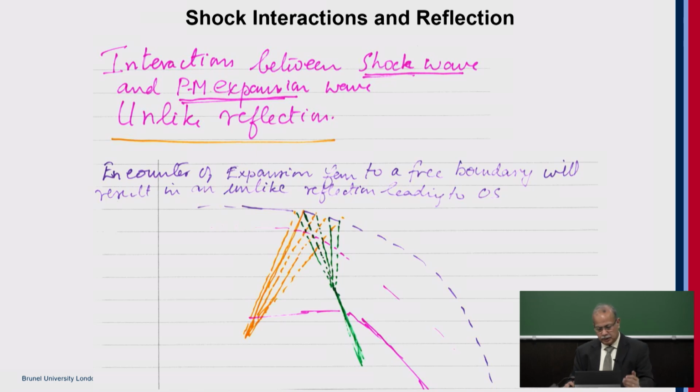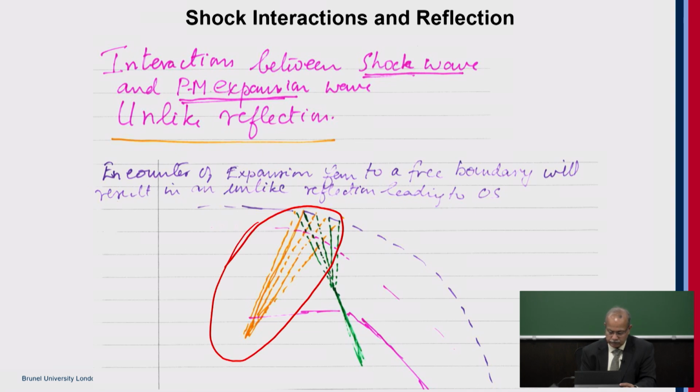Now similarly, what you see here is an expansion fan, a Prandtl-Meyer expansion fan of waves. When a Prandtl-Meyer expansion fan encounters a free boundary, then you have an unlike reflection. Each expansion wave results in the formation of a weak oblique shock, an unlike reflection.